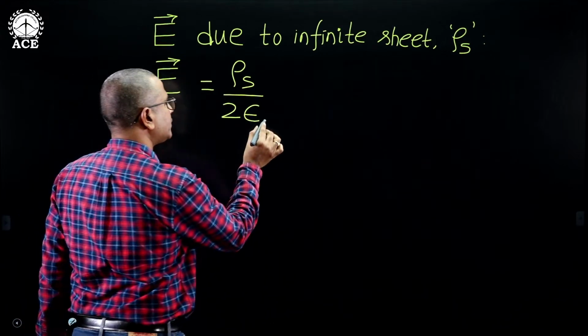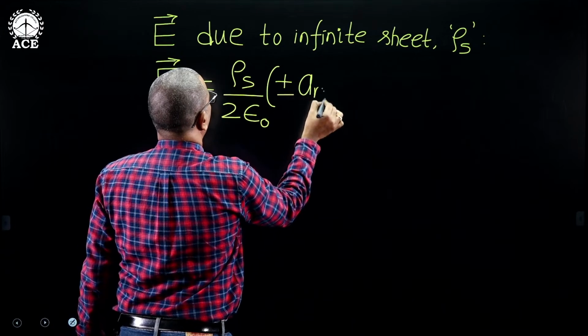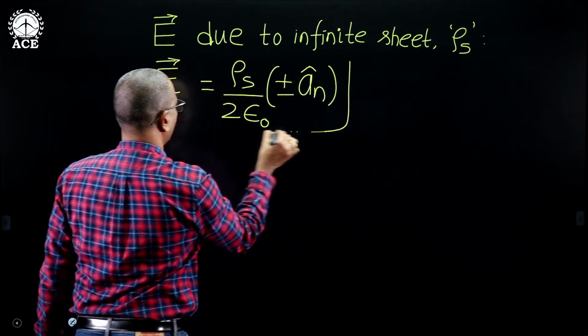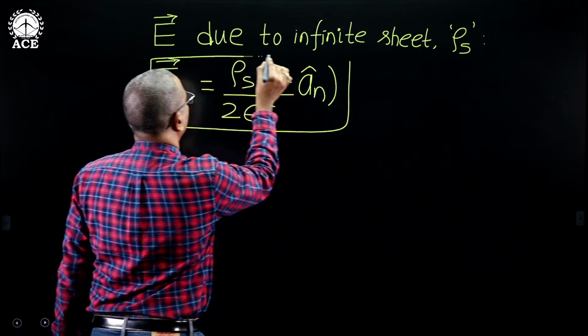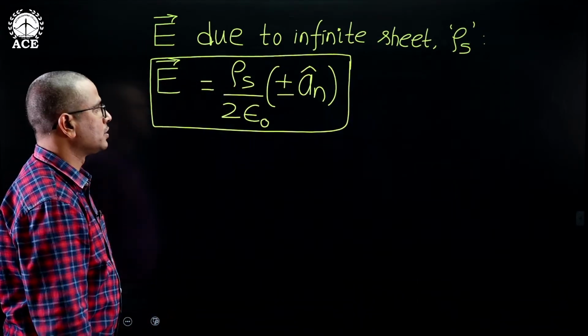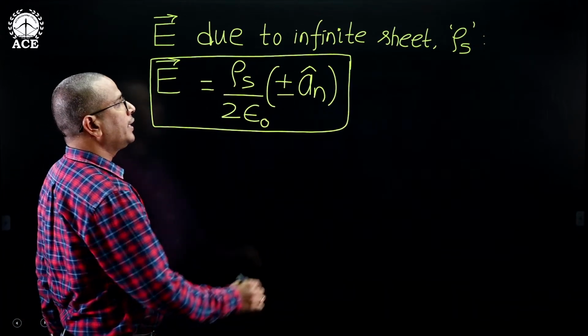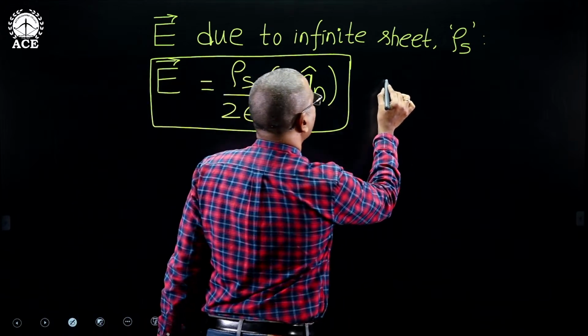If the medium is free space, you can take epsilon naught, times plus or minus an cap. This is the formula, dear students. Directly you will get problems on this formula in your final examination. What is an cap, dear students, here? An cap is the unit vector normal to the plane.